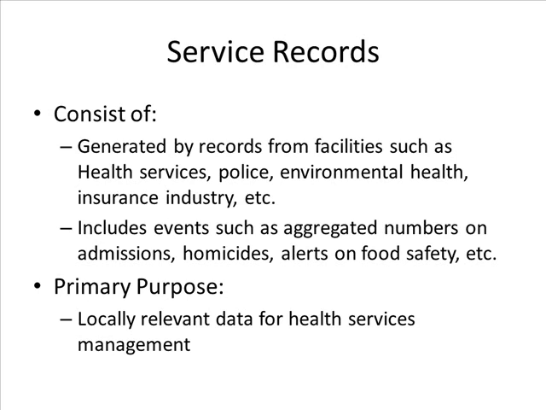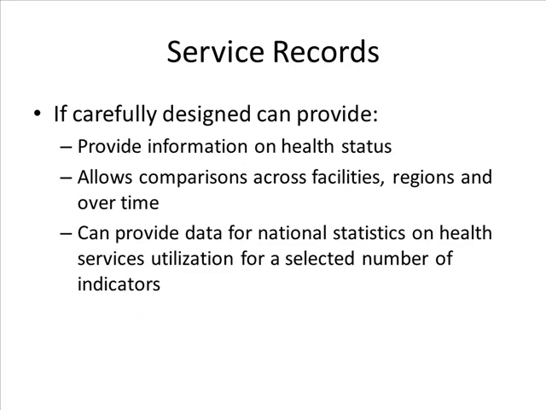Service records are generated from facilities such as health services, police, environmental health, insurance industry, etc. They include events such as aggregated numbers on admissions, homicides, alerts on food safety, etc. Slide 14. Service records provide information on health status and data for national statistics on health services utilization for a selected number of indicators. They allow comparisons across facilities, regions and over time.